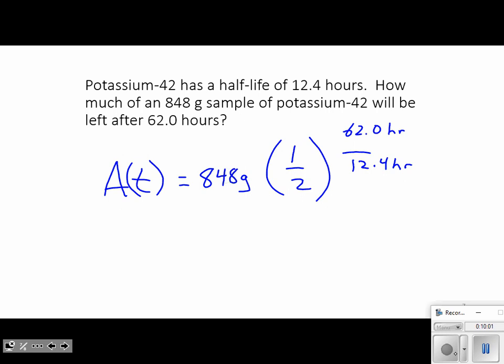So what I'm going to do is 1/2 is really 0.5. So in my calculator, I'm going to have 0.5, and my exponent is going to be 62.0 divided by 12.4. Program that into my calculator. When I did that, I came up with a value of 0.03125. Now, I'm going to take that value and multiply it by the 848 grams.